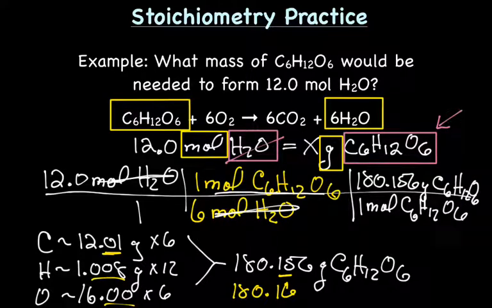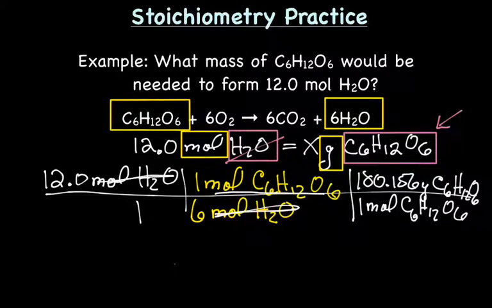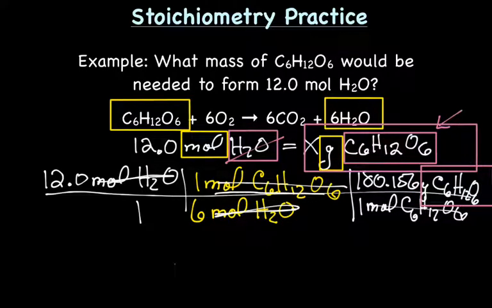All right, so now let's multiply. Oh, no, let's not do that yet. Something more important. Let's check. We're crossing out mole C6H12O6, and then I'm going to double check. I am at grams C6H12O6, which is what I was looking for. So now all we should have left to do is multiply and divide, and as long as we don't make a mistake in our calculator, we should be good to go.